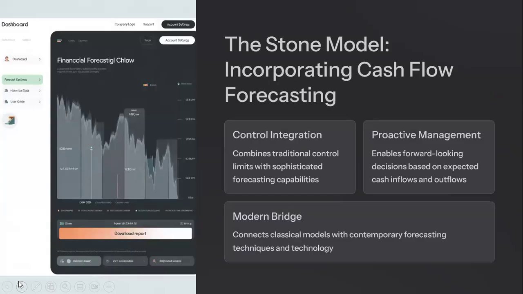the Stone model of incorporating cash flow forecasting. Stone was an advocate of modern systems of collection. He emphasized channelization of funds.